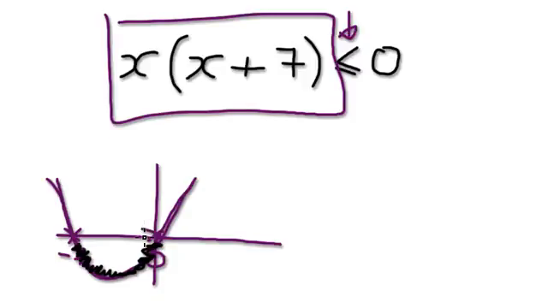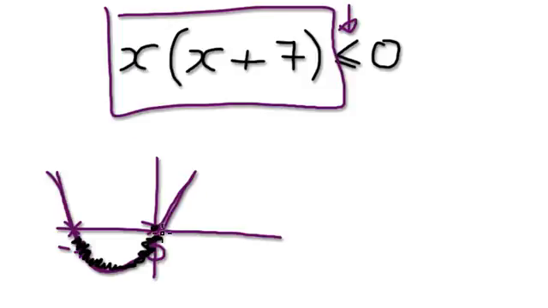So your diagram can include the negative 7 and the 0. Let's say you've got your number line with 0 here and -7 here. It can include the -7 and it can include the 0, and everything in this region here is good.